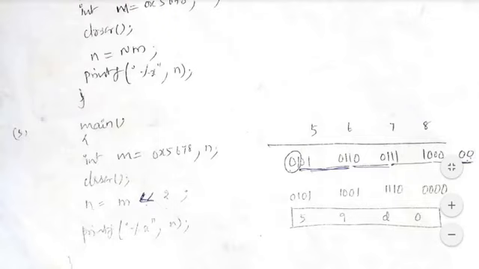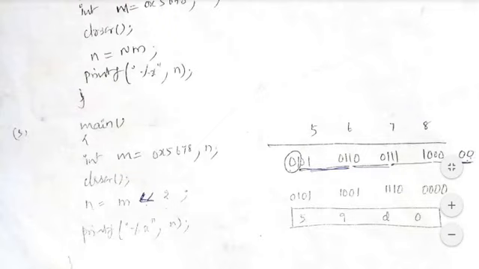What do you mean by left shift by 2? 5 converted into binary is 0101, 6 is 0110, 7 is 0111 and 8 is 1000. Left shift 2 means you add 2 zeros on the right hand side.